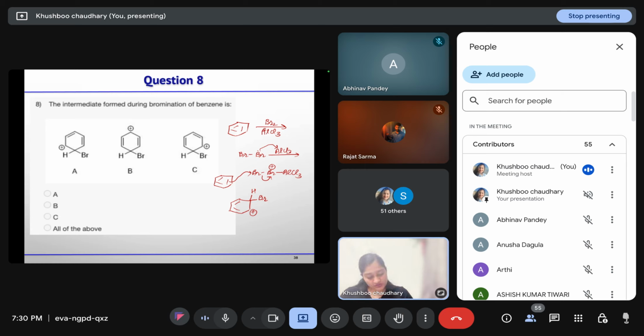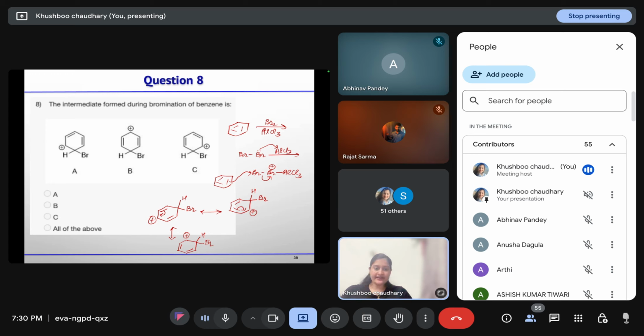Now you have to draw resonating structures. While drawing resonating structures, you have to be aware of electron pushing, that only will help. So these are the three intermediates you will get.